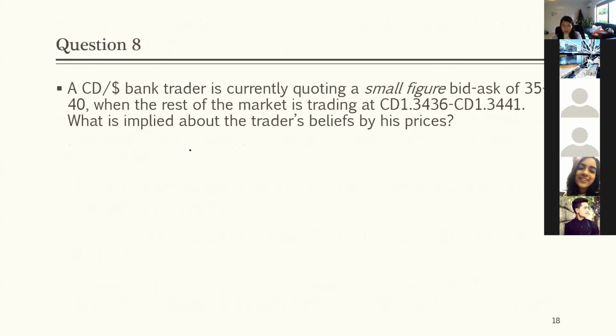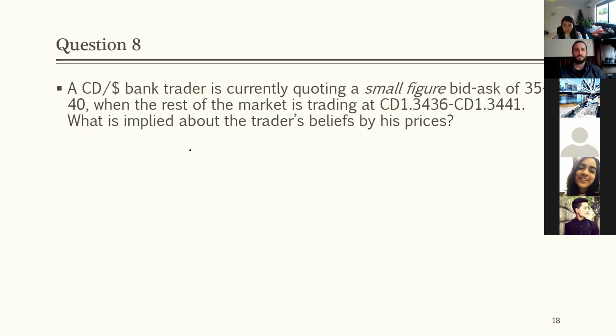So basically, this question tests our understanding of the bid and ask prices, and what banks are expecting when they put up their bid and ask quotes. So in this question, we've got an exchange rate. We have a currency pair between the Canadian dollar and the US dollars.